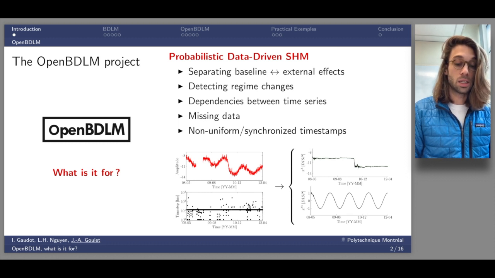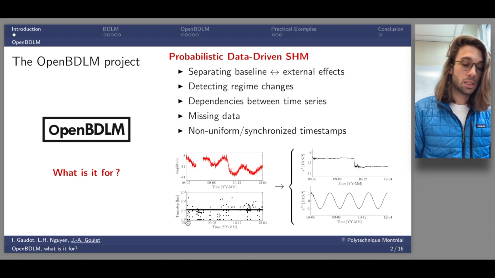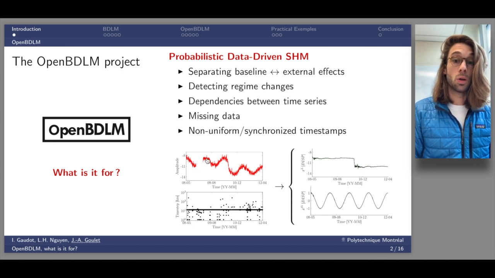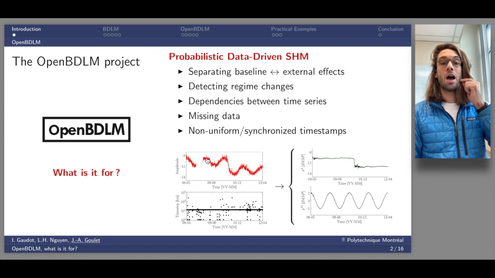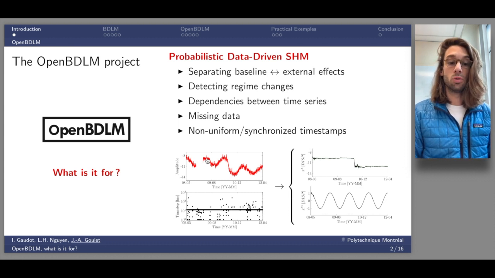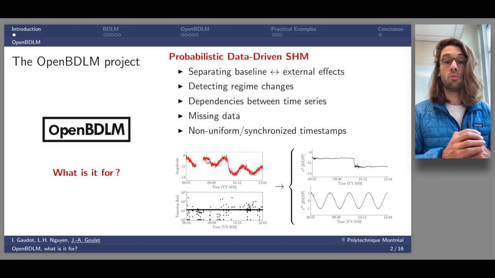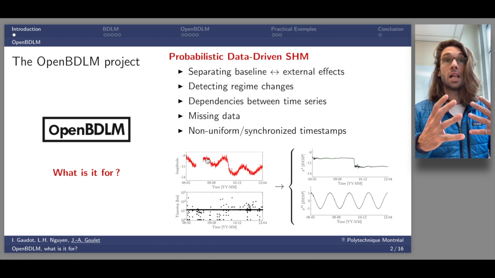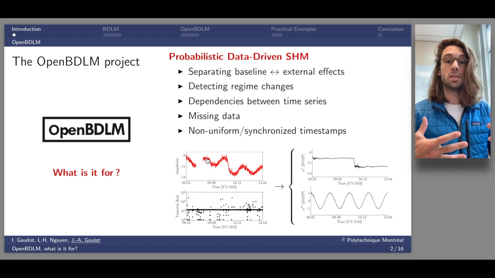In this case, it's exactly 12 hours. And you can see here it's about an hour. At many different locations on that time series, we have different time step lengths. And OpenBDLM allows us to operate in these conditions, which are fairly common in practice. Moreover, if you're analyzing multiple time series, OpenBDLM will allow you to synchronize these time series so that they can be analyzed together.